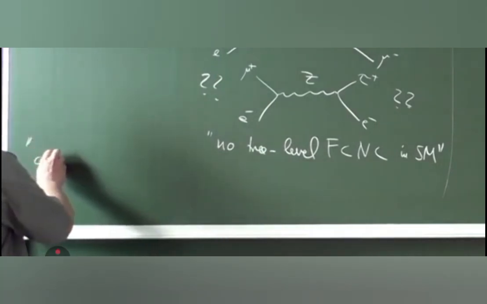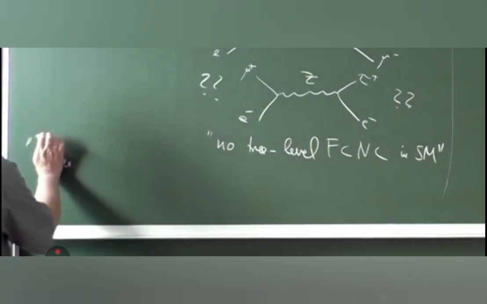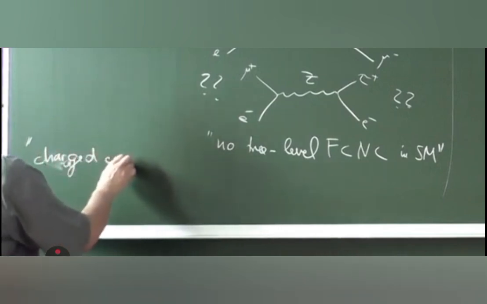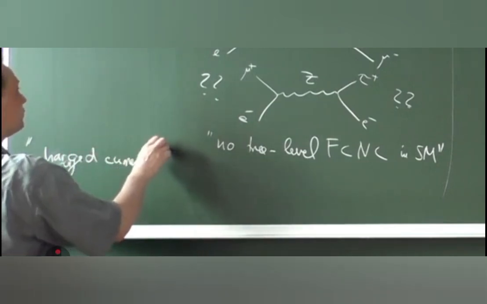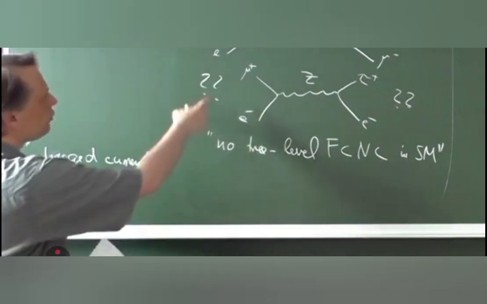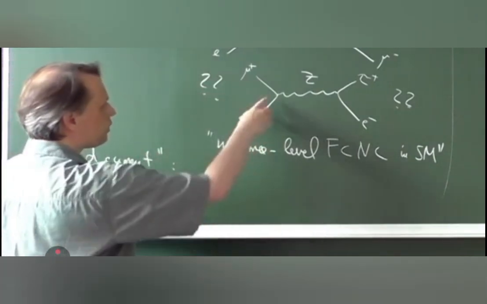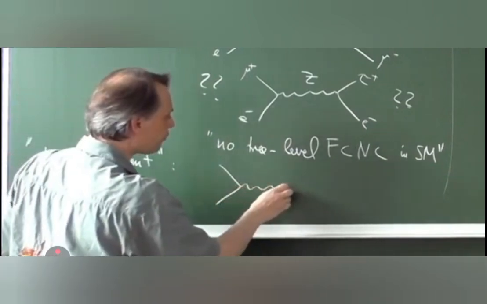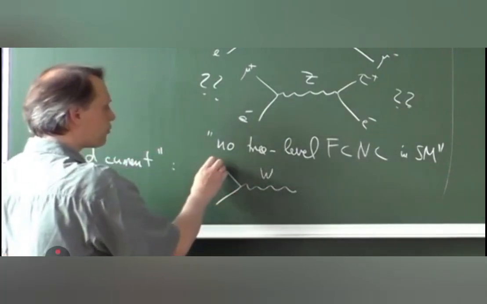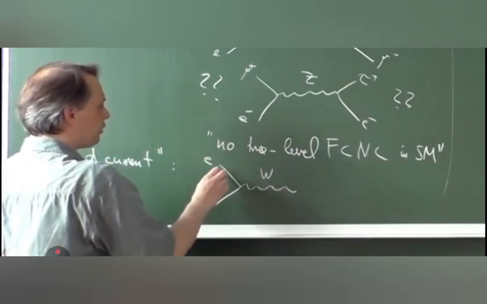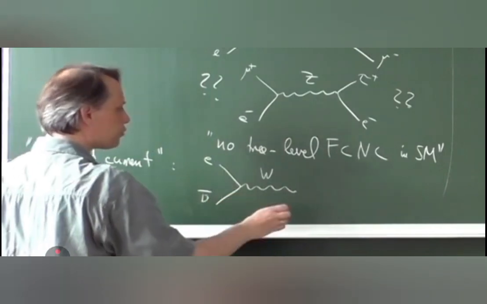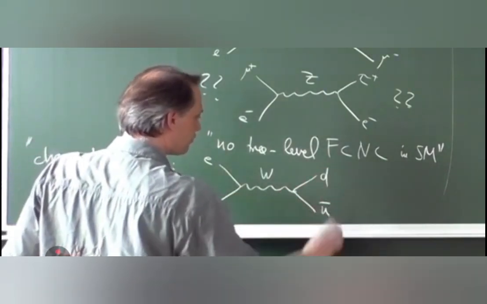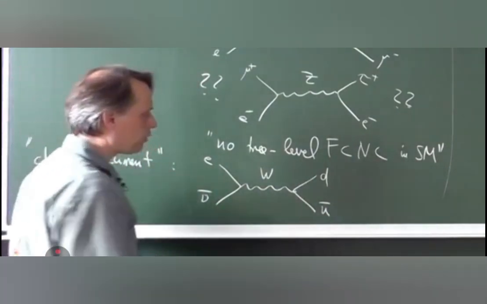Another class of processes are so-called charged currents. That is obviously something where the charge is changed at the interaction, and that can happen via W bosons. So let's say a W boson, then you might have here an electron and antineutrino going into a down quark and anti-up quark, for example.